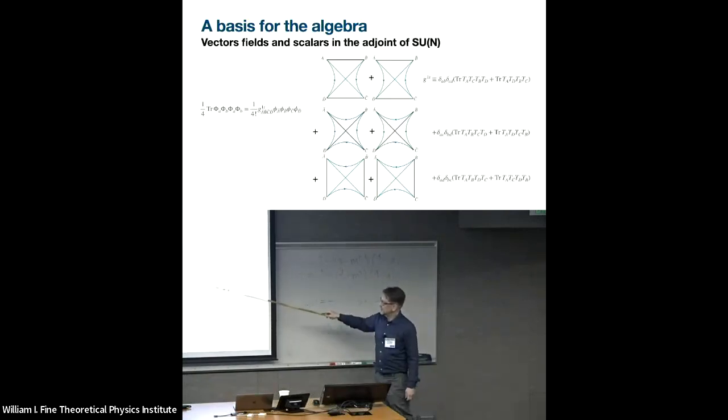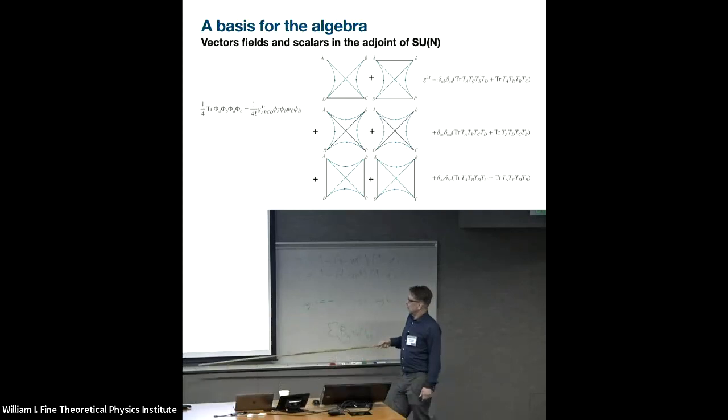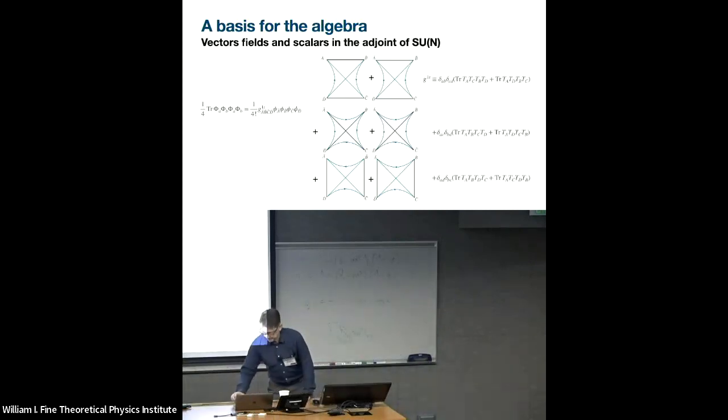The blue lines are the SU(N) indices in the adjoint, and the black lines are the Kronecker deltas in the flavor space of these scalars.